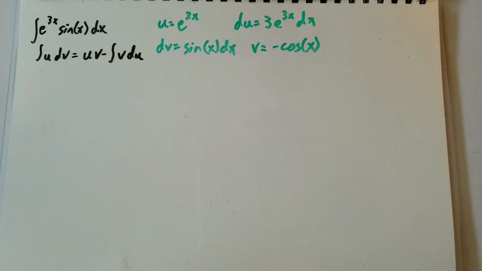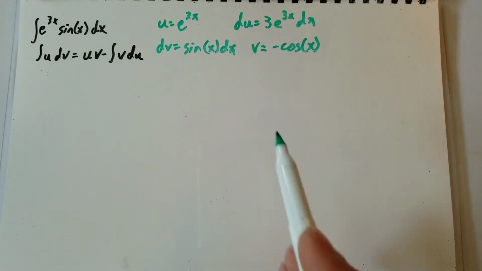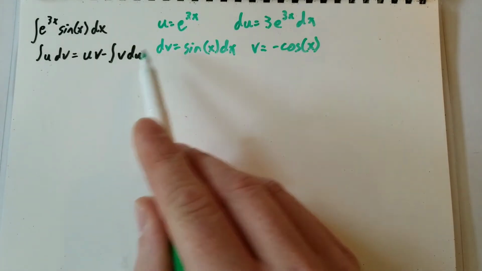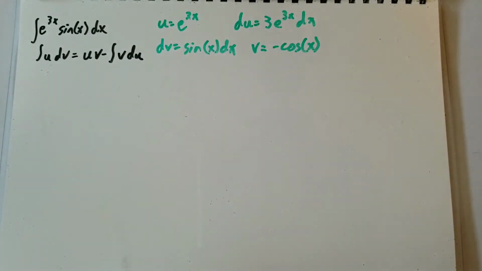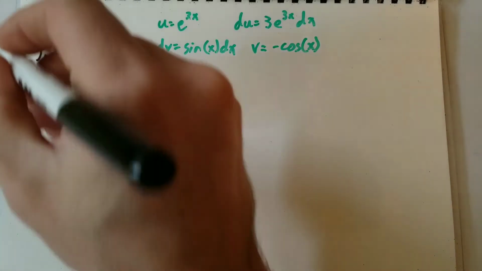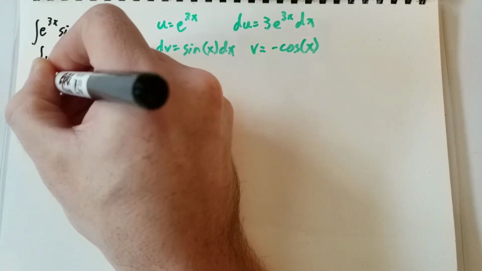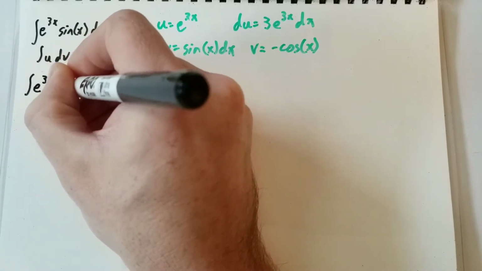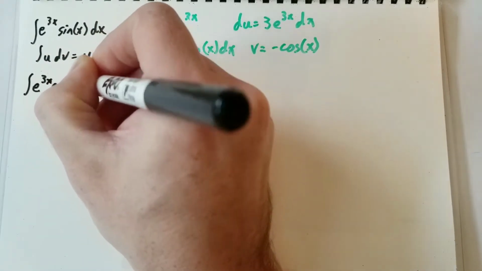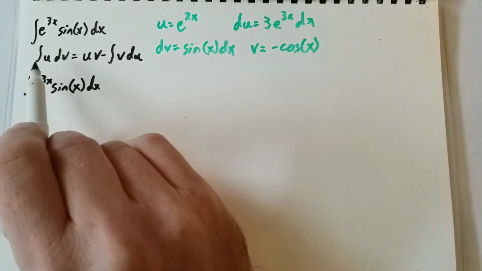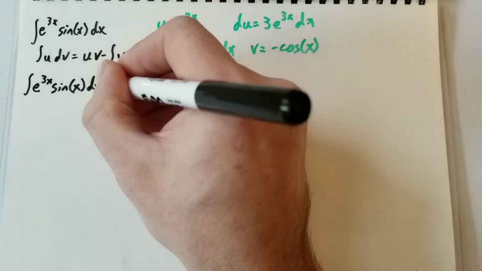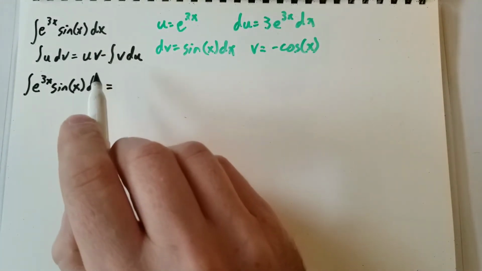Okay, so all we need to do now is put in this information. So what we have is the integral of e to the 3x times sine x dx. That's our u and our dv, and that's going to equal our u and our v.